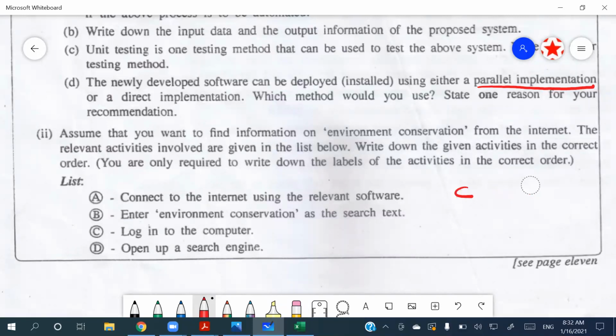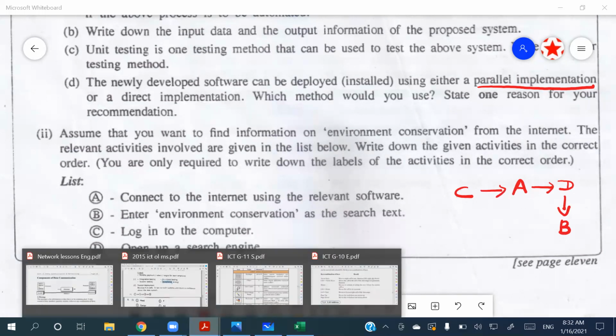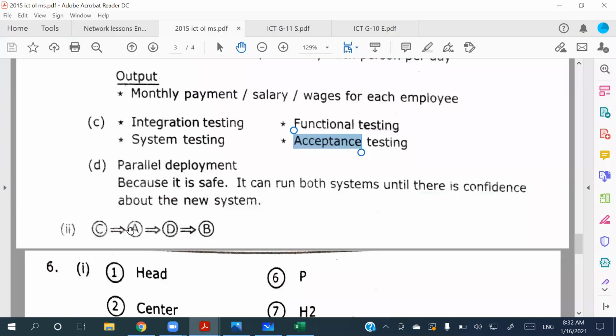Before that, you have to connect to the internet, so after C it's going to be A. Then you can open a browser or a search engine, then you can search. So CADB is the order. Again, 2 marks.